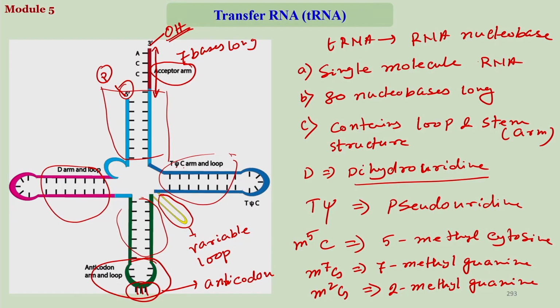That is how the sequence of the mRNA dictates which amino acid would come, because a specific amino acid has a specific anticodon. Okay, so that is about the tRNA.